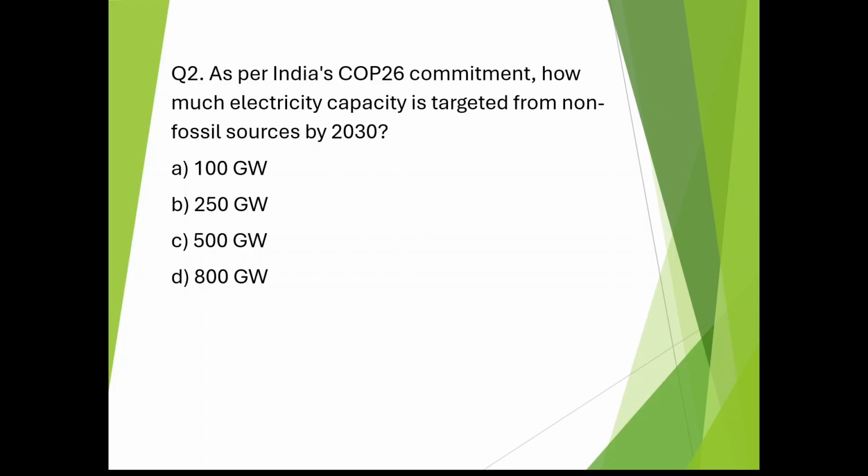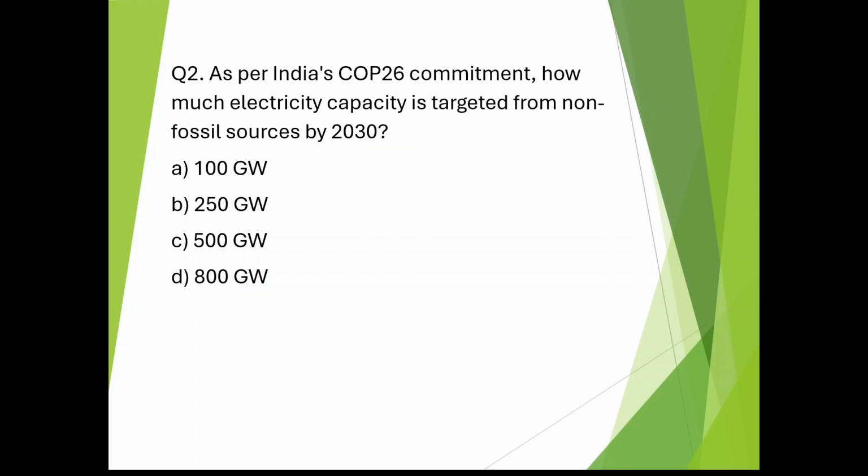What is our target for focusing on renewable or non-fossil sources of energy for electricity generation by 2030? So try to give an answer to the question and recall from slide 8. In slide 8 of lecture 4 it has also been discussed.